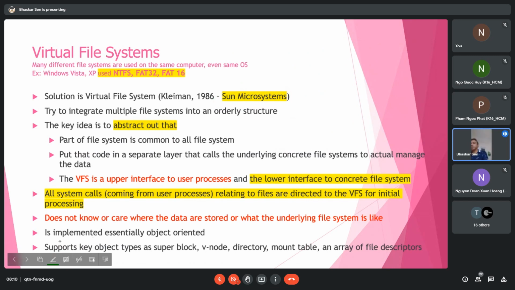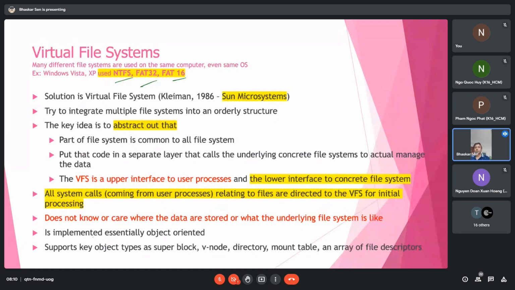The different file systems, as I mentioned, can be implemented on different partitions on the same hard disk.